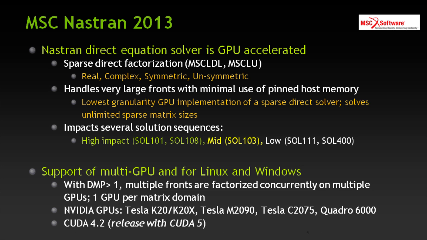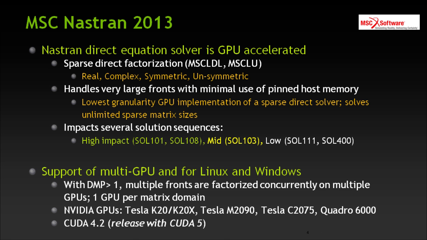Now, the implementation in MSC Nastran supports multiple GPUs, and it's supported both on Linux and Windows. Multiple GPUs can be used with a single analysis with the DMP option. Ted talked to you about the distributed memory parallel, the DMP option. Multiple fronts are factorized concurrently on multiple GPUs in this particular case. The NVIDIA GPUs that are supported as part of the GPU acceleration in MSC Nastran include the latest architecture, which is the Kepler architecture.